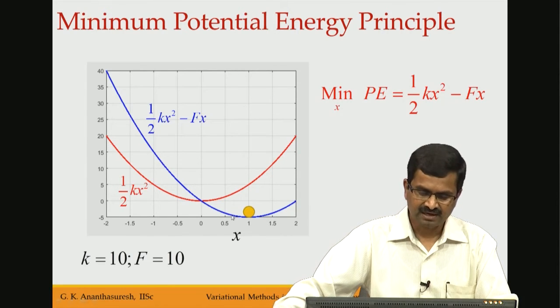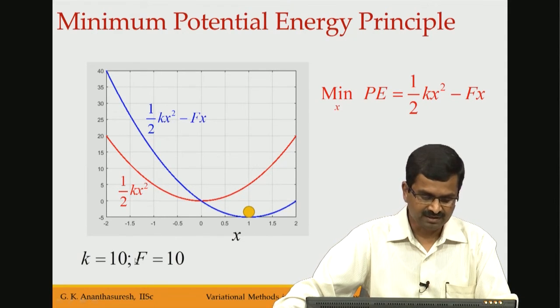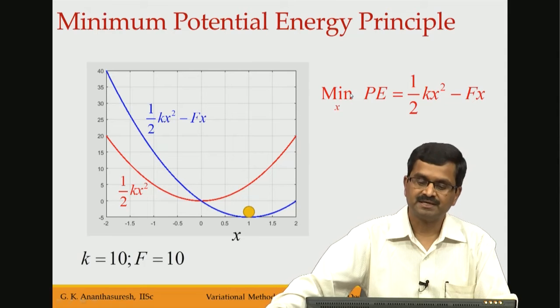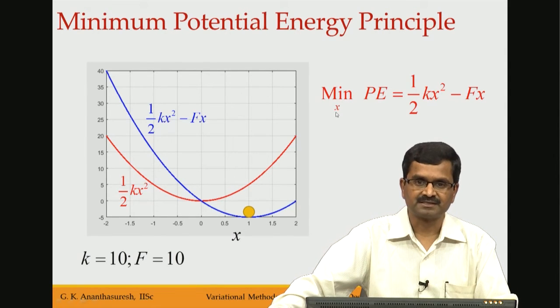If I put that, then the curve becomes this, and now here at x equal to 1, because the x equilibrium value is going to be F by k, 10 by 10 equal to 1, at x equal to 1, I have a minimum point. That is what this principle says. It says that when you minimize potential energy, I get the answer for my x. I do not have to think in terms of forces, I can think in terms of energy.